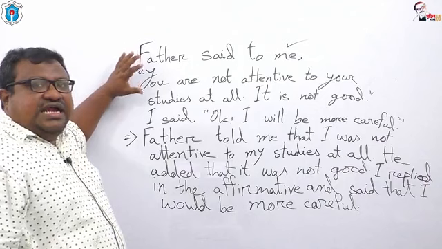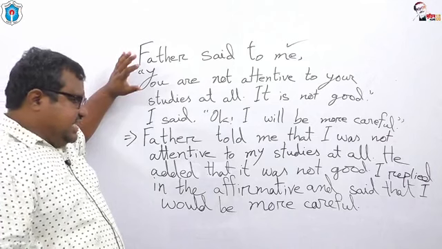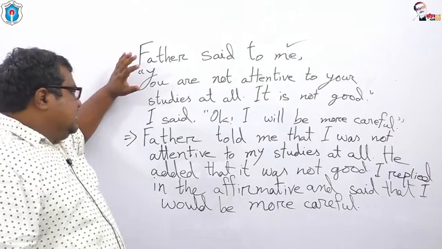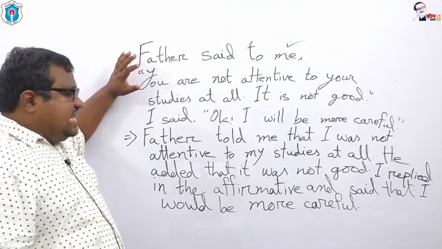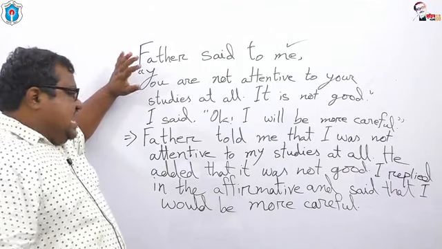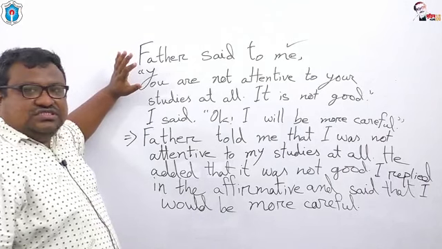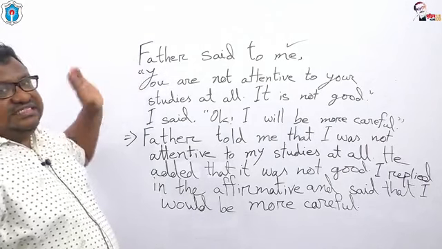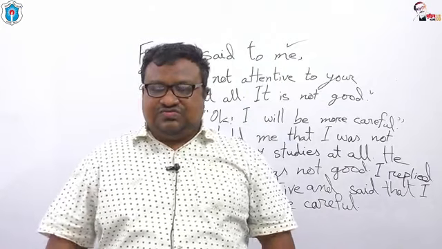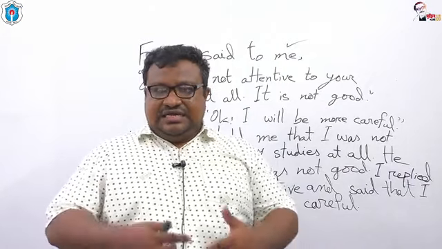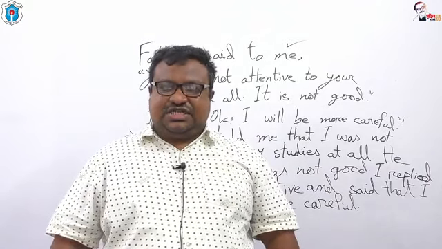When there are additional sentences, we just say that, also said that, added that, etc. And when there is a reply, we will use he replied in the affirmative, replied in the negative, etc. and said that. Then we will use the rules of the single sentence narrations. So in the passage narration, we are applying the rules of the single sentence narration in the context of a passage. In the next class, we are going to solve more passage narration. Up to then, goodbye.